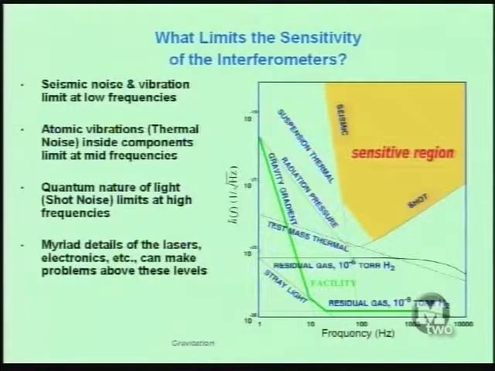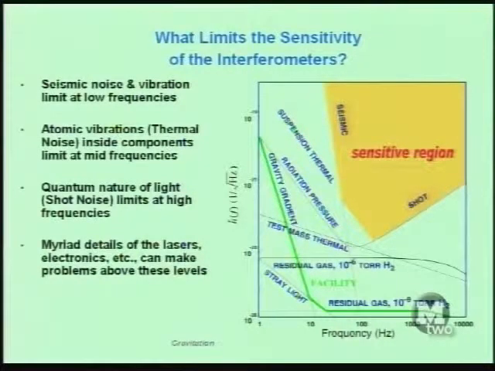So the strain here is comparable to the sort of strain that we would have from an astrophysical source. So at low frequencies we have our seismic wall, where we have very little sensitivity because we're just being shaken by our environment. In the mid-frequencies around here, we're limited by thermal noise, primarily thermal noise in the wires that hold up those mirrors. And that's something that's irreducible.